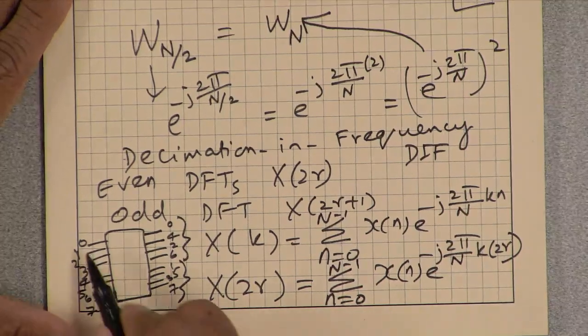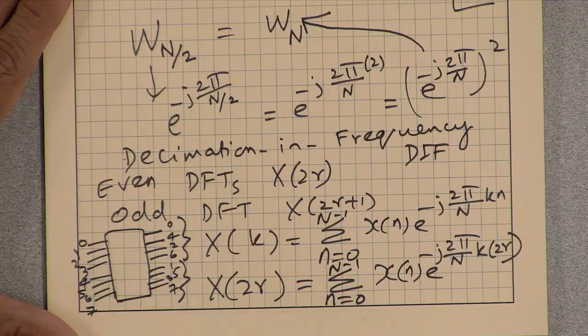And in this case, the inputs are in order. Inputs are 0, 1, 2, 3, 4, 5, 6, 7.